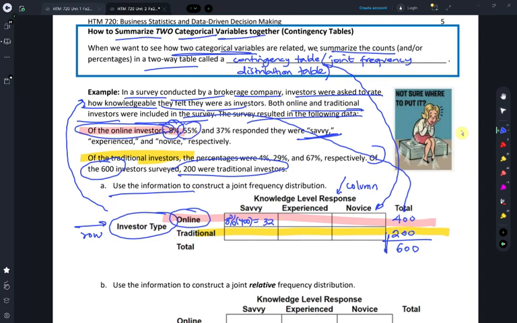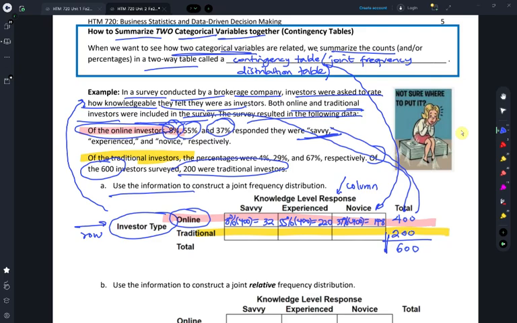What about 55% of 400? 55% of 400 is 220. And lastly, we have 37% of 400, that would be 148.